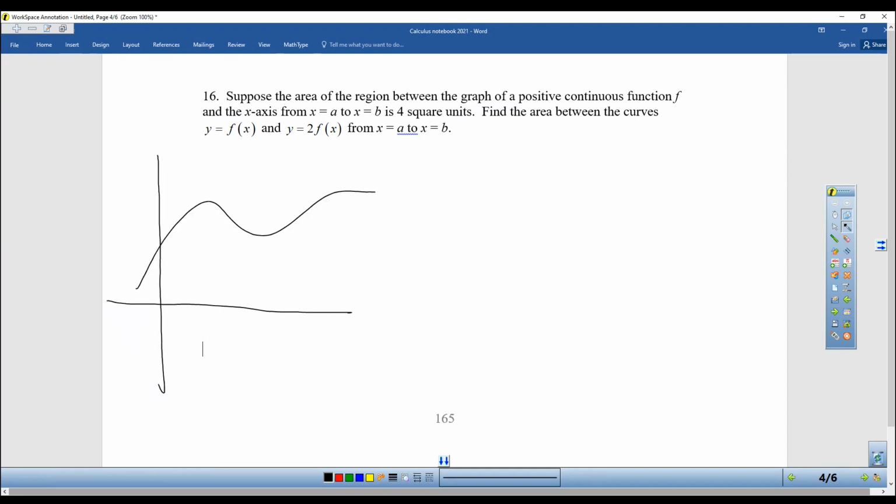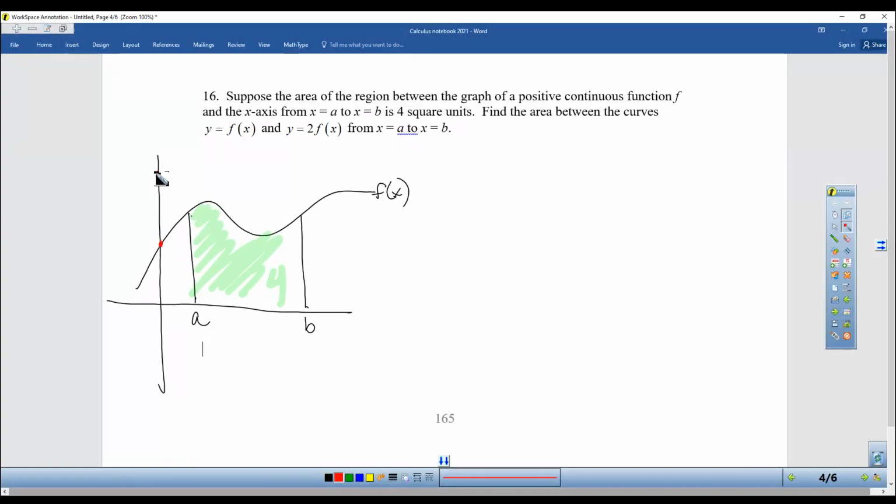So I've got some kind of graph, f of x, and I know that from a to b, the area of this region right here is 4. Find the area between the curves y is equal to f of x and y is equal to 2 times f of x. So I'm literally going to double every spot on this curve.